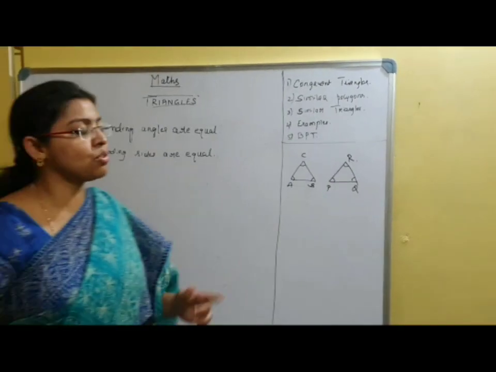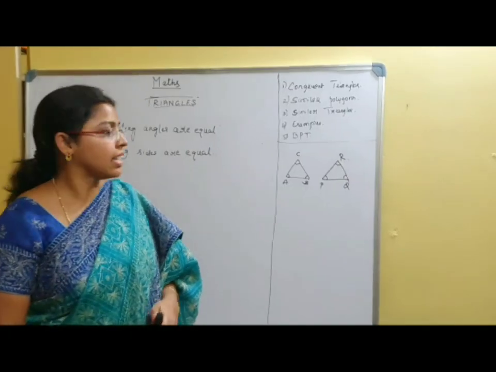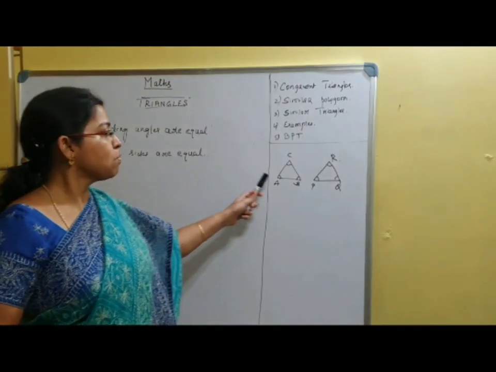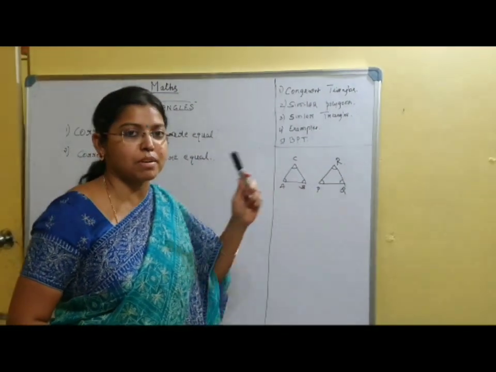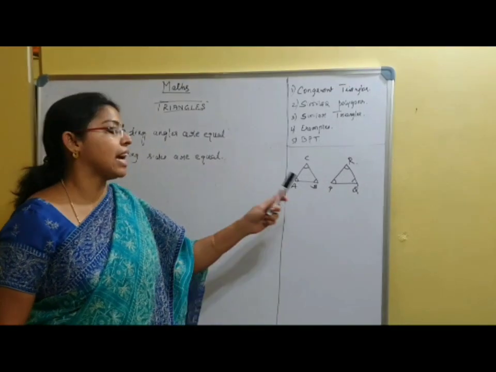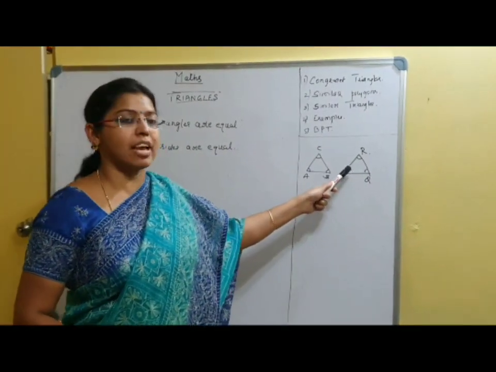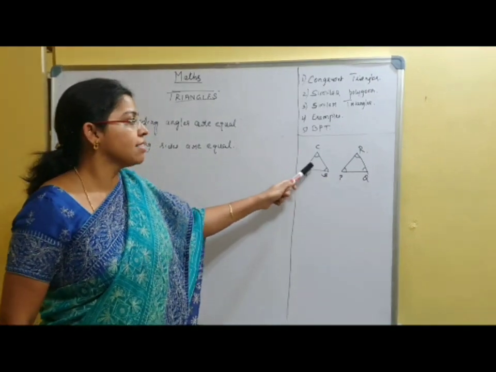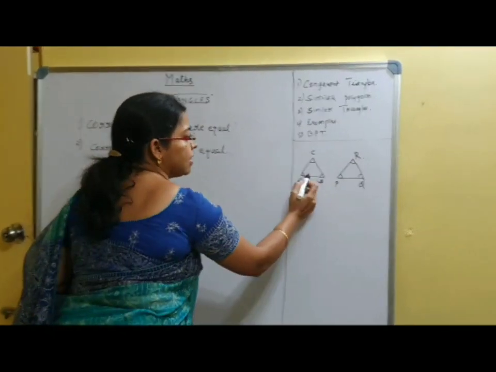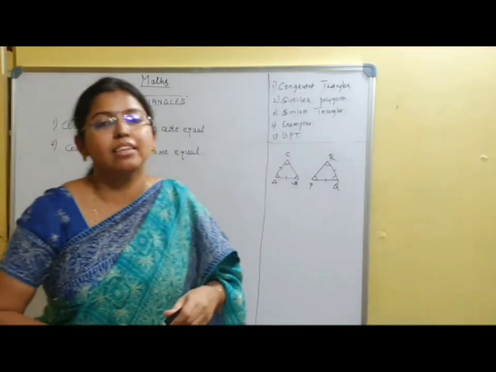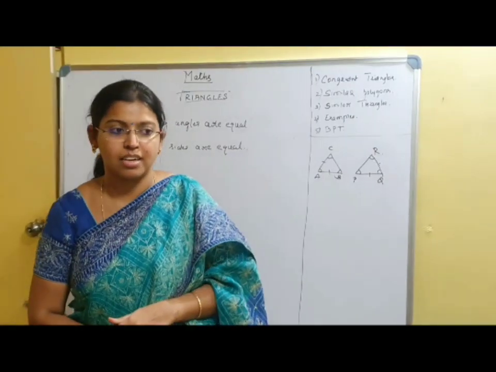Can we say these two triangles are congruent? Yes, we can say so if two conditions are satisfied. The corresponding sides of these two triangles must be equal and the corresponding angles must be equal. Here we have marked these angles to say that they are equal, and the sides are also equal. So we can conclude that these two triangles are congruent.